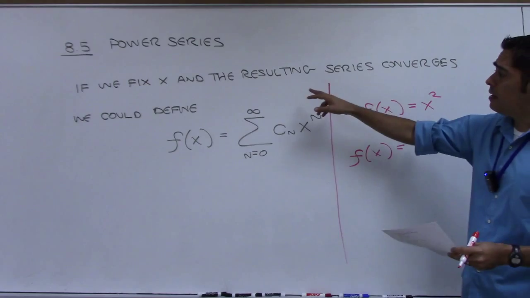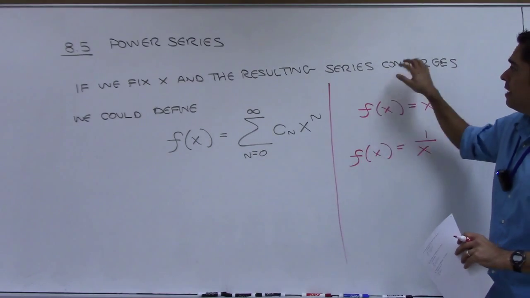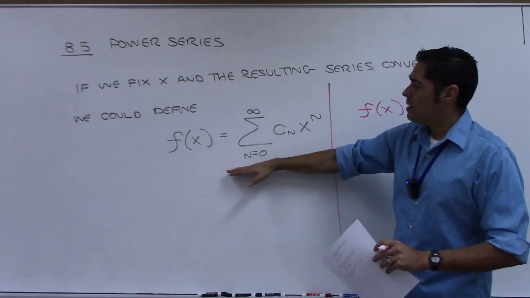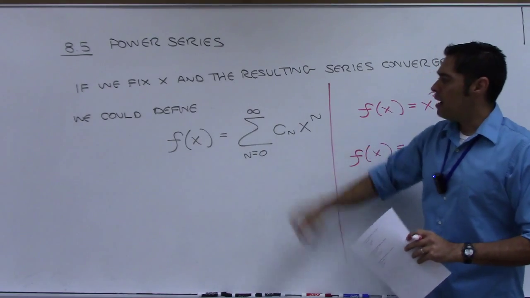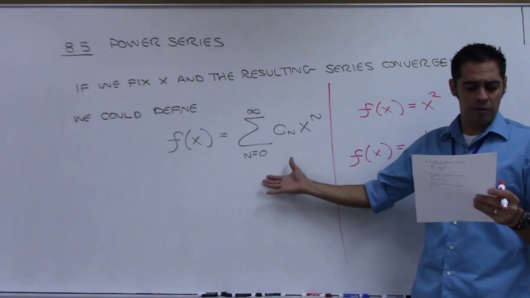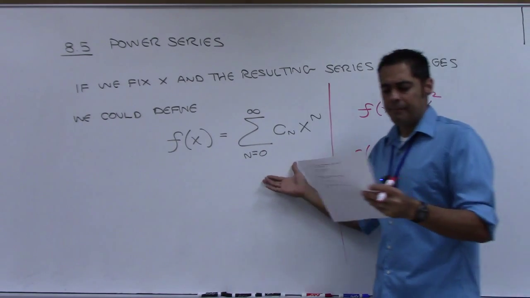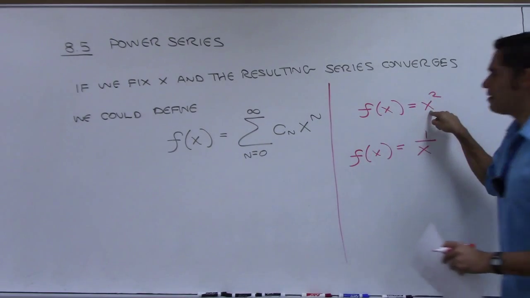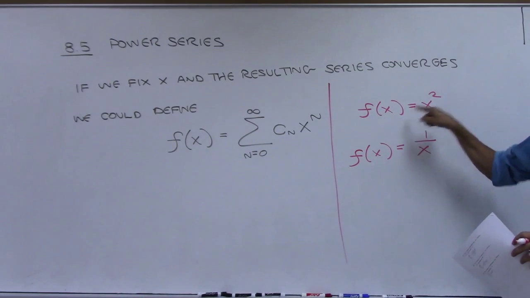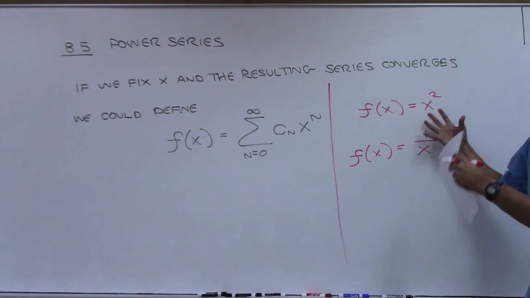So if we fix the x and the series converges, then we can define this f of x to be this power series. It's a well-defined function. Well-defined meaning, if you plug in an input, there is an output.